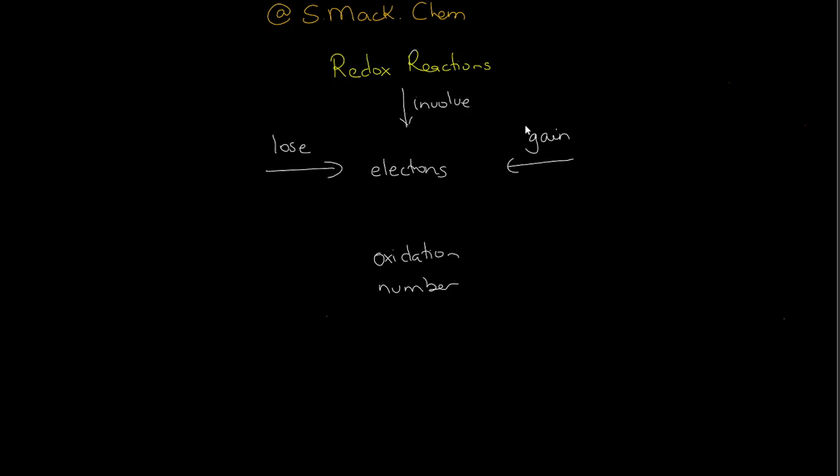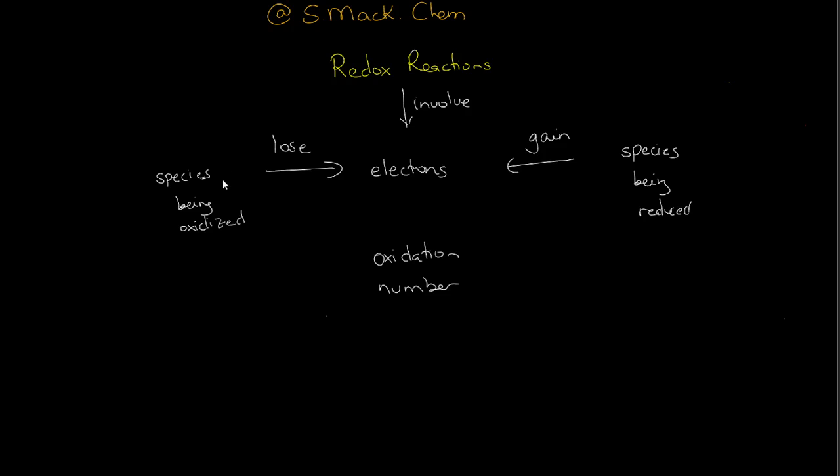Now, the chemical species that will lose electrons, we refer to this species as the species being oxidized. And that means the other chemical species, which is the one that gains electrons, is referred to as the one being reduced.